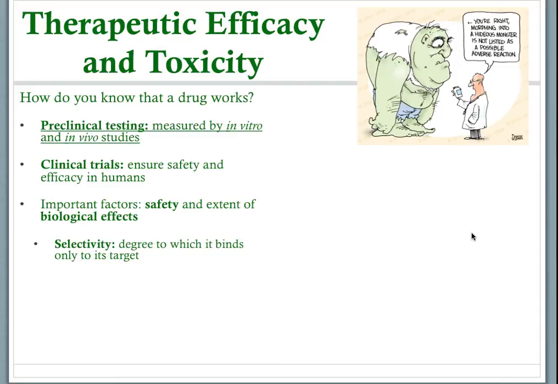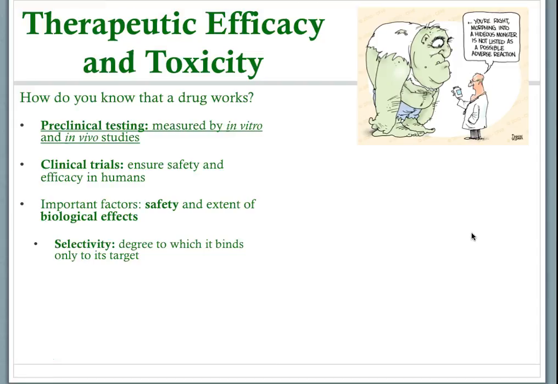So ethanol is not an extremely selective drug. Ethanol is going to go in, that's why it produces so many different effects on the system. It's going to bind in many different types of receptors in many different areas of the body. Now, we might want a drug that only binds to a very specific type of receptor on a very specific type of cell in the body. Now, selectivity means how well it does that. Does it actually only bind to this particular type of receptor?